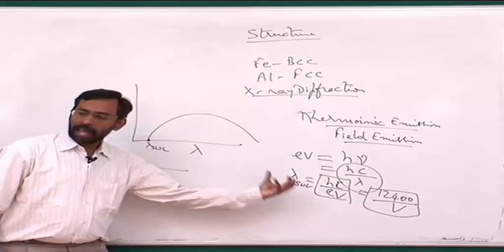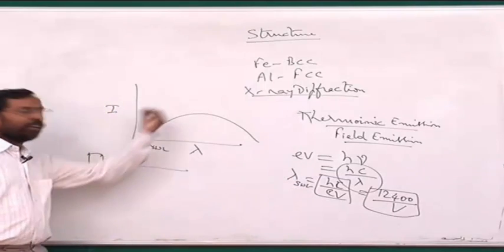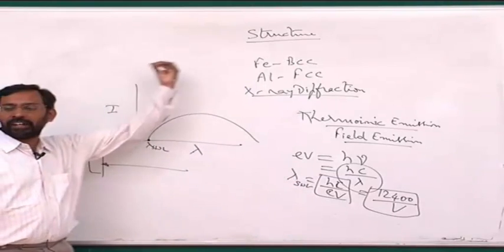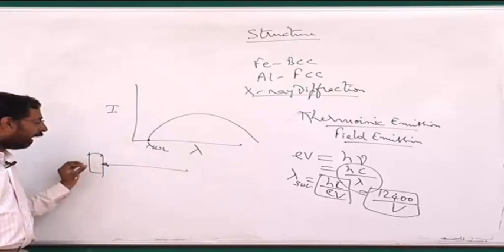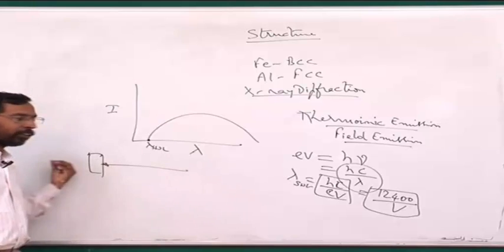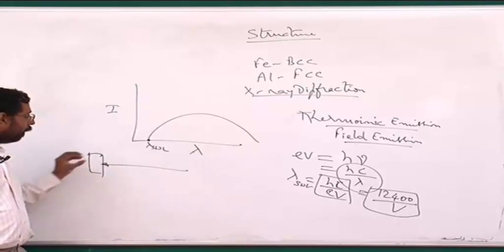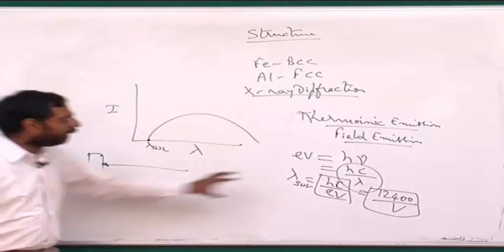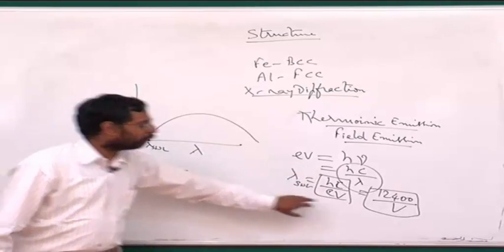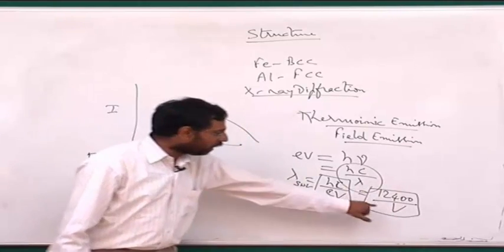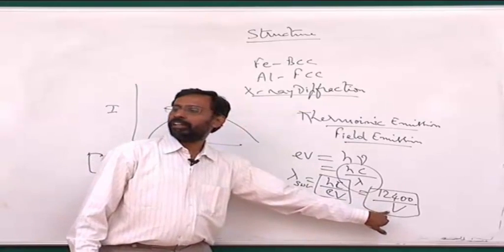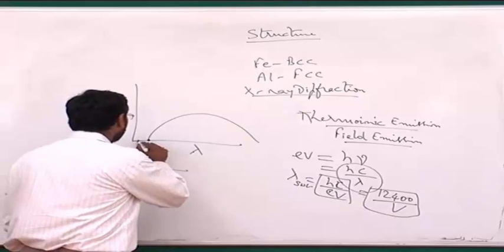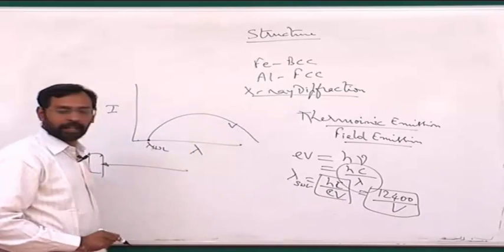That means the wavelength of the X-rays being generated because of the collision of the electrons, if the energy of the electron is completely absorbed in one single collision, will have this value. And as you can see, this lambda is smaller as the voltage increases. So if I increase the voltage, for a given voltage you get a spectrum like this.